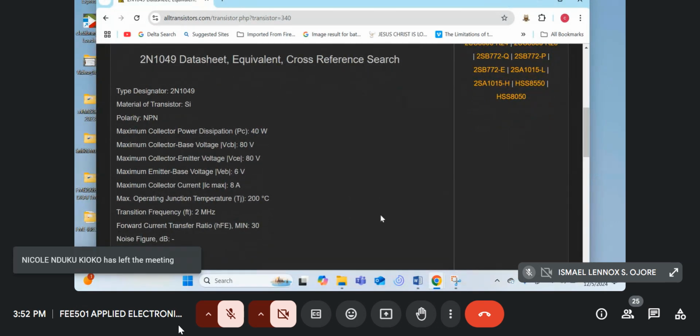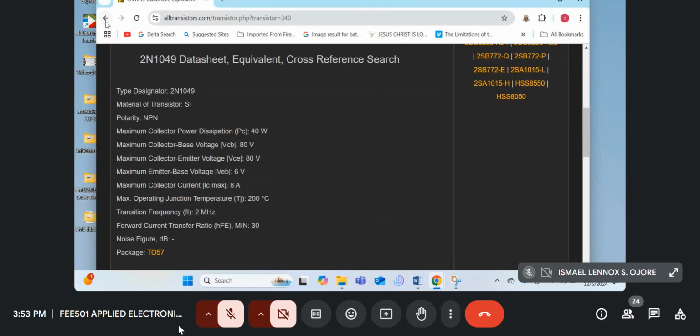And HFE. So HFE mean is 30. These are the important parameters. And IC max there is 8 amps. So the maximum current that can flow through it is 8 amps.